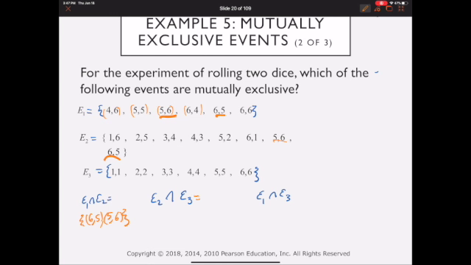Okay, so let's look at E2 intersect E3. Do you see anything in common? I sure don't, right? So their intersection is the empty set. So these 2 events are mutually exclusive. Last but not least, let's take a look at E1 intersect E3. We can see that these events overlap at (6, 6) and (5, 5).